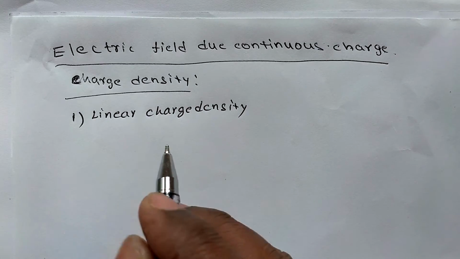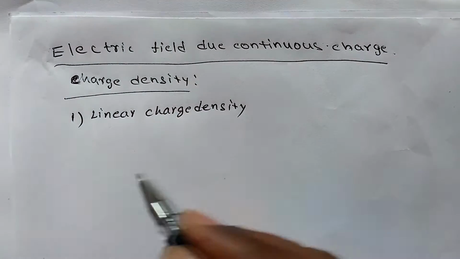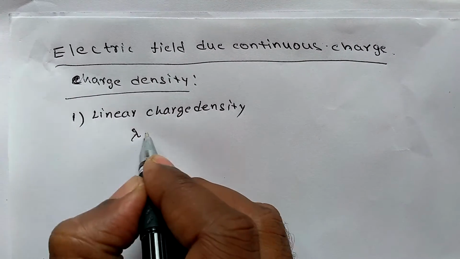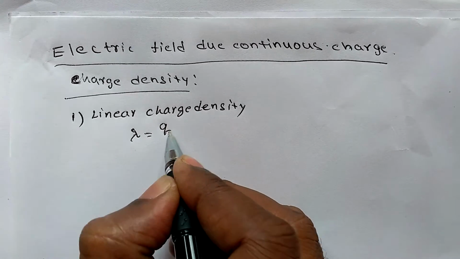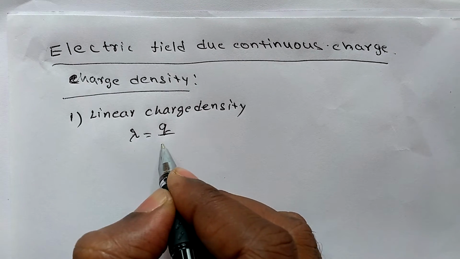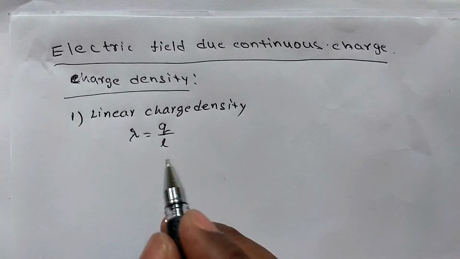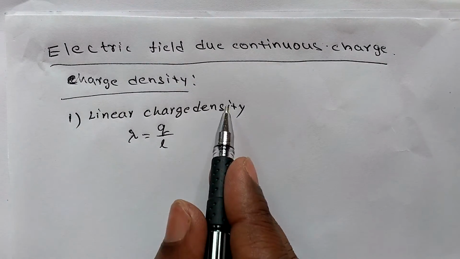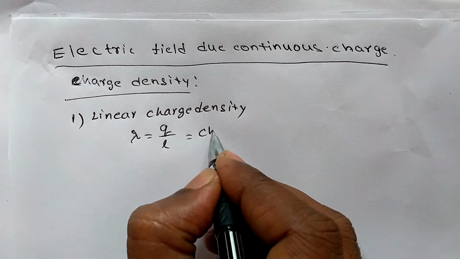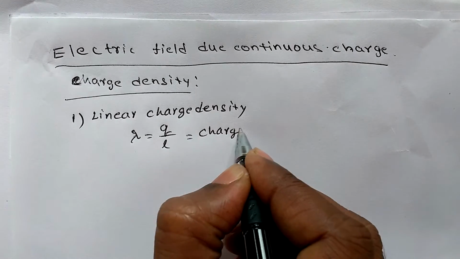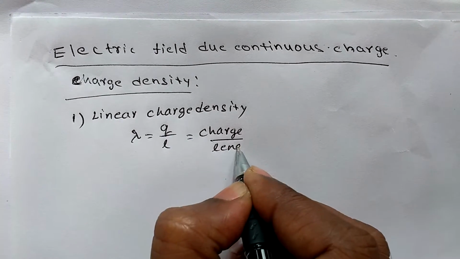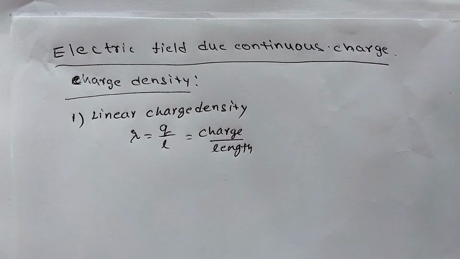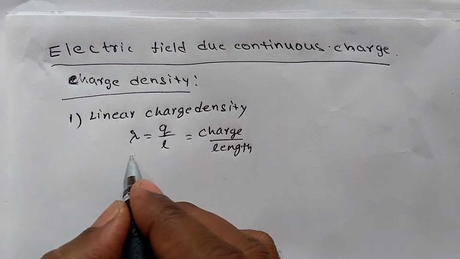Linear charge density means the charge given to the body per unit length. Charge per unit length is called linear charge density.